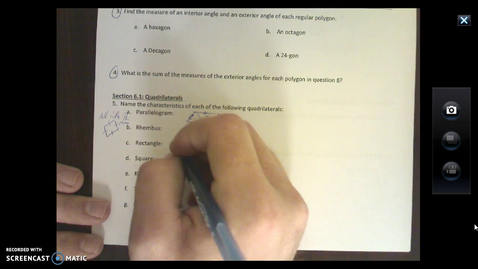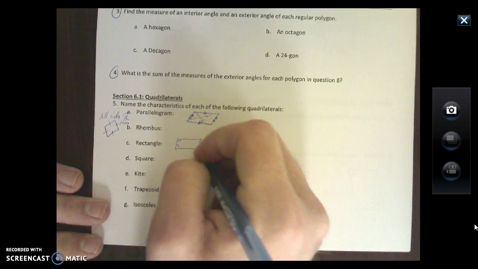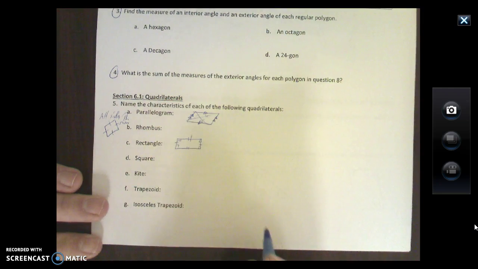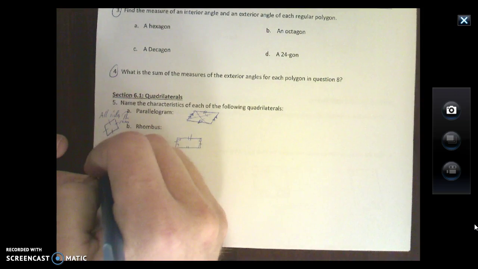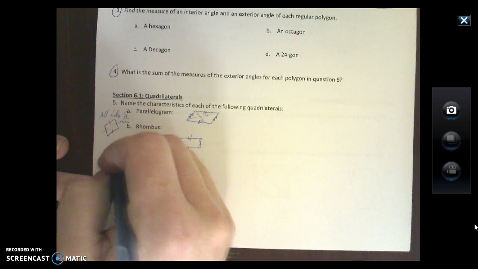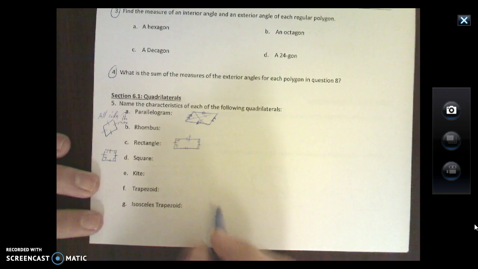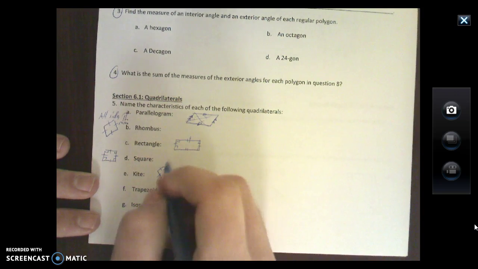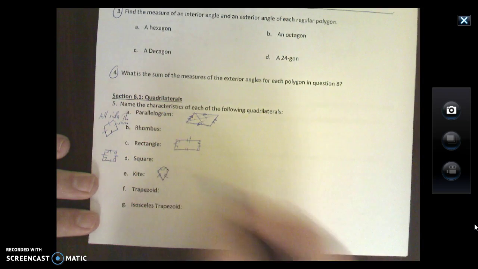Rectangle, a parallelogram with all 4 right angles. Square, a parallelogram with all 4 right angles and all 4 sides the same. Kite is a quadrilateral with 2 pairs of adjacent congruent sides, and 1 pair of congruent angles across right there.